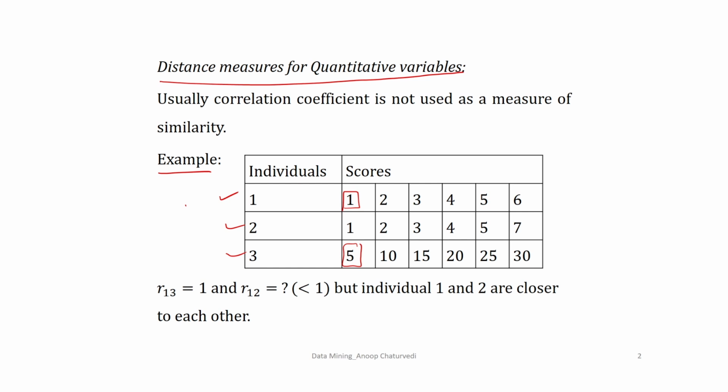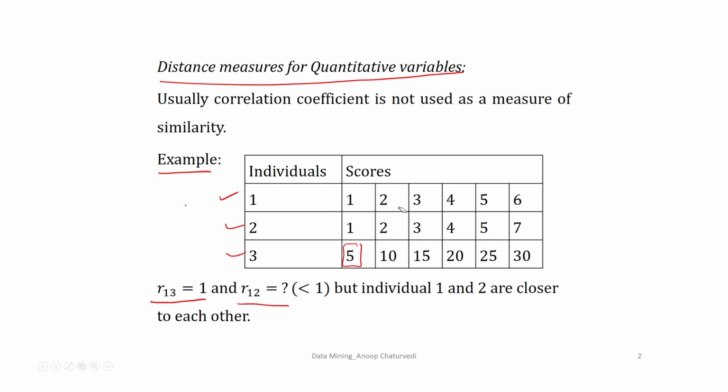So, there is an exact linear relationship between the scores of individual 3 and the scores of individual 1, or the correlation coefficient between the scores of individual 3 and individual 1 is equal to 1, say R13 is equal to 1. Now, you can easily obtain R12 also.